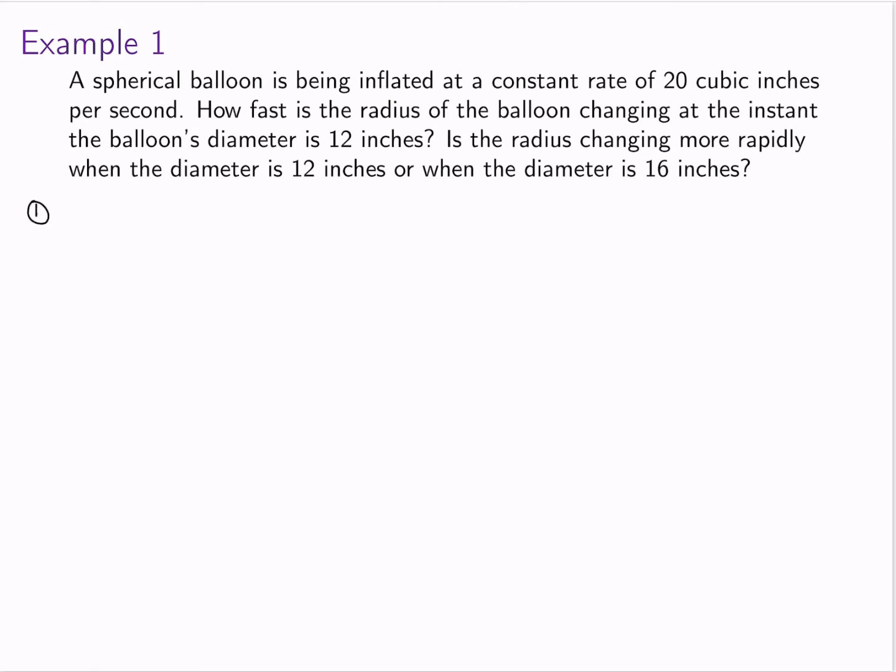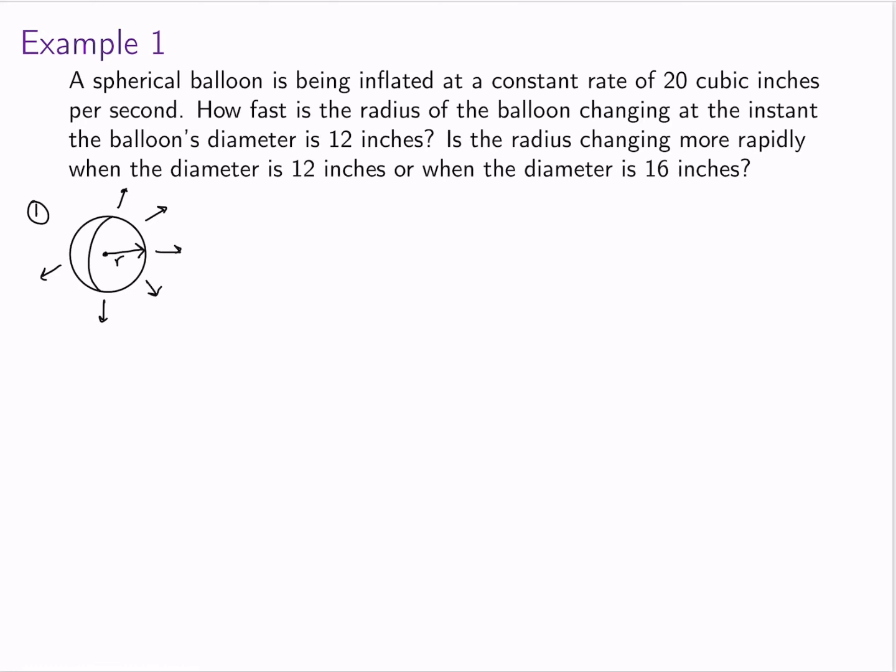So we have a balloon, so we'll draw a sphere here. The balloon has a radius, r, and this balloon is being inflated, so we can think about it as growing out in all directions. So its volume is increasing and its radius is increasing, and we want to see what is happening there.